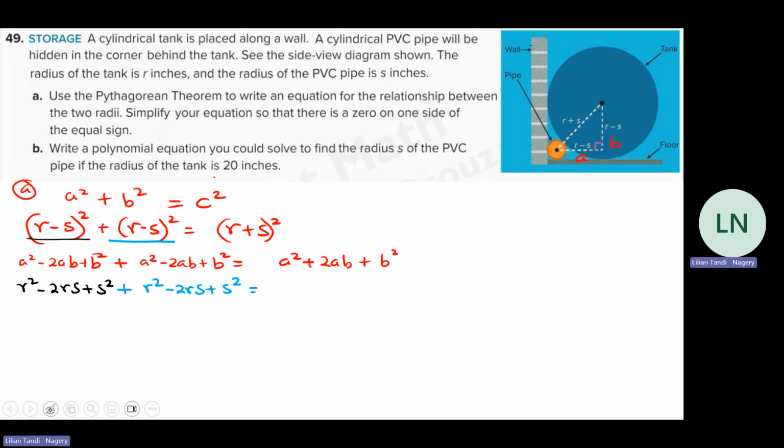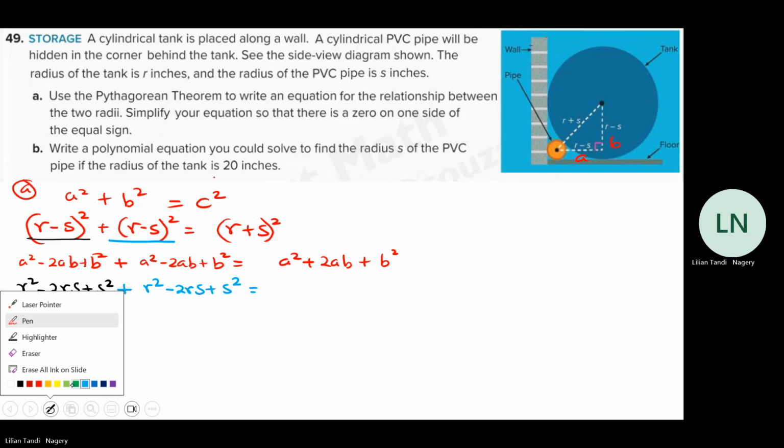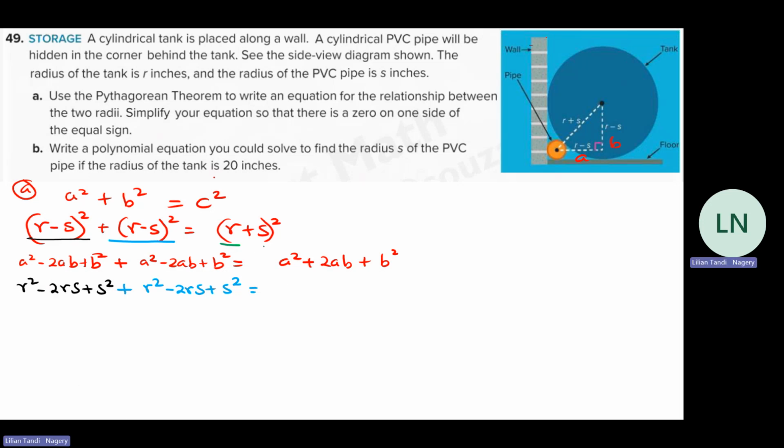Then we have r squared plus 2rs plus s squared. Now we've been told to solve until we get 0 on one side.